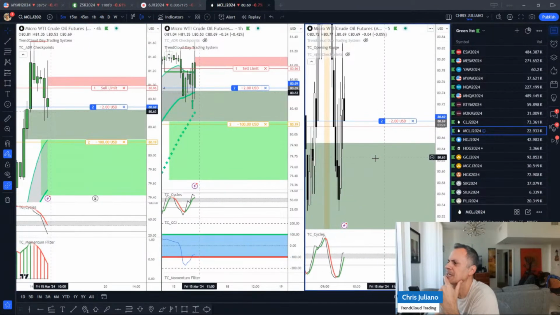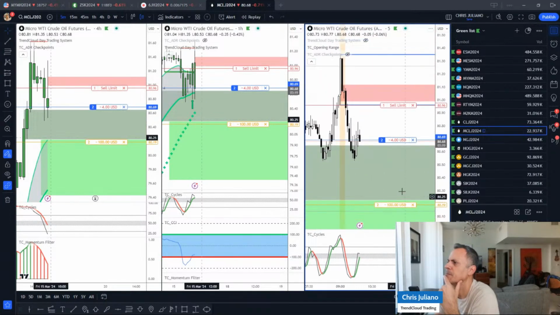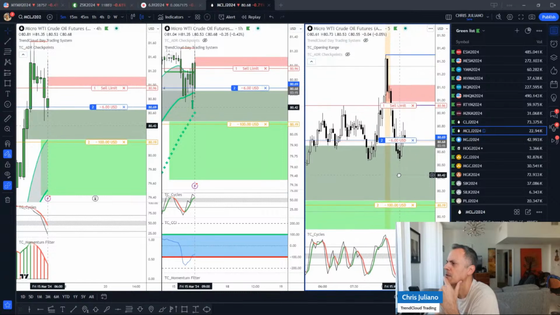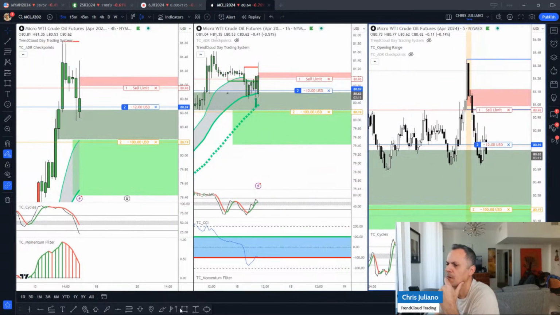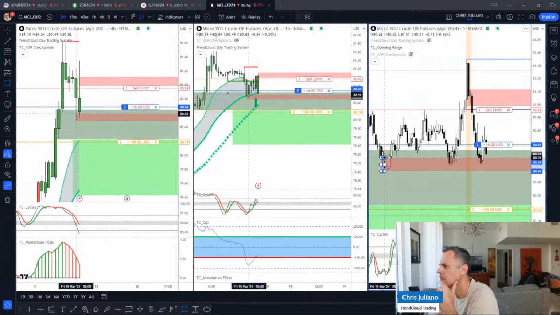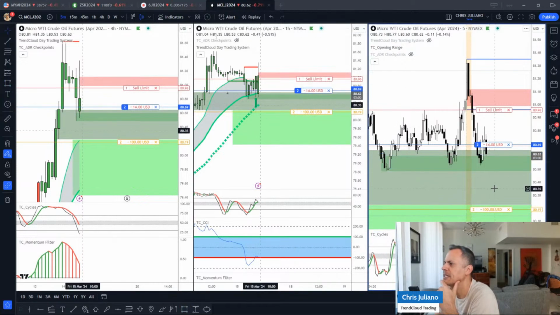Crude oil, trying to make its way. So crude oil here is finding support here.